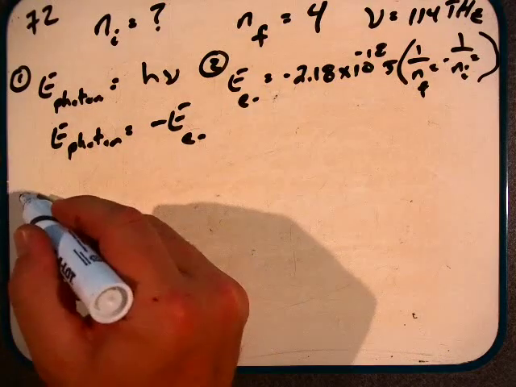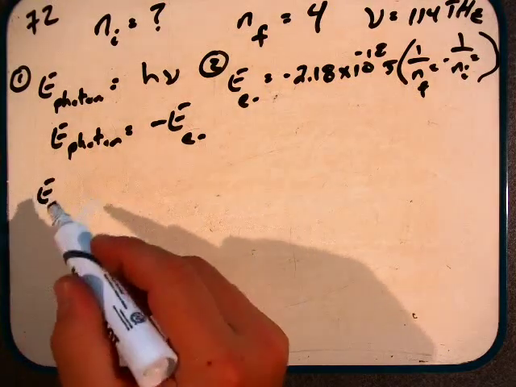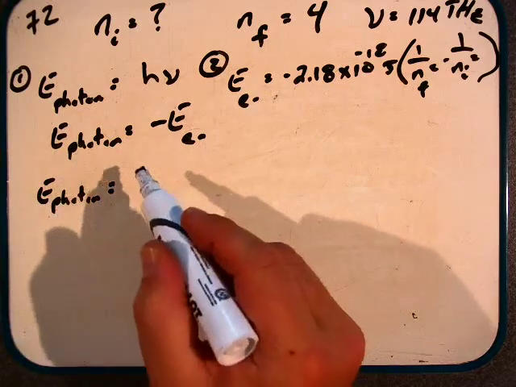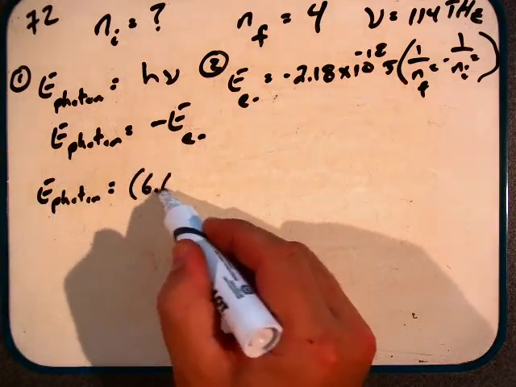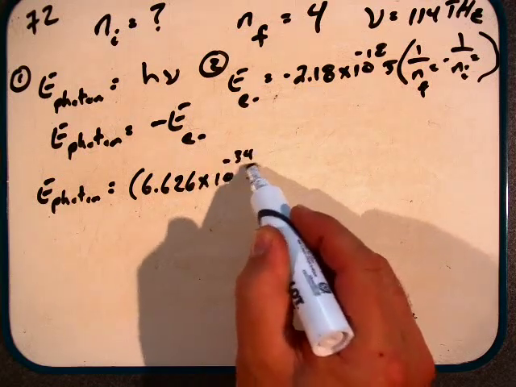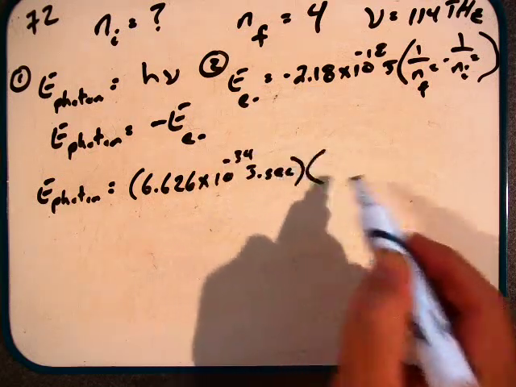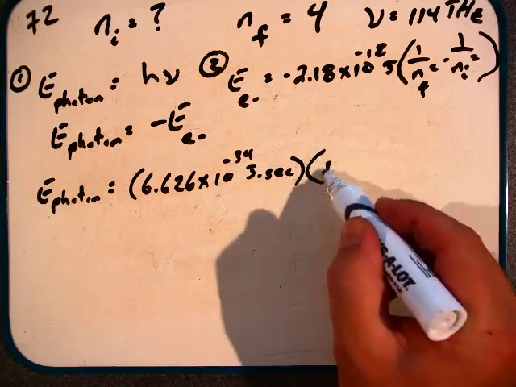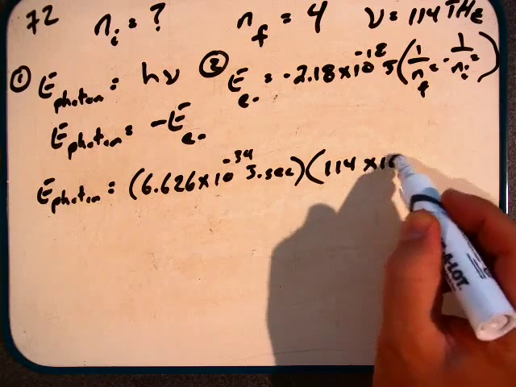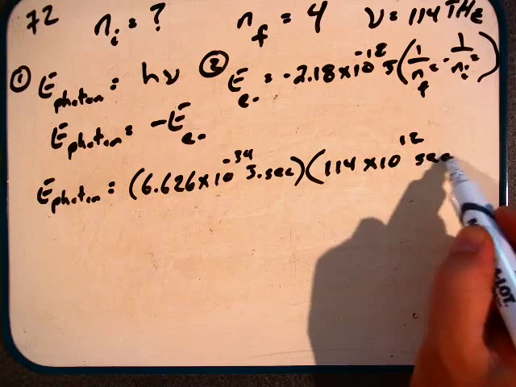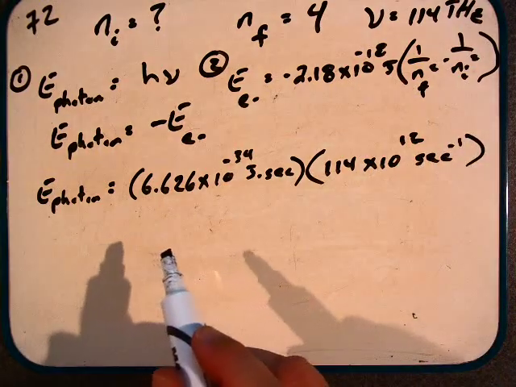To begin, we'll start with our energy of the photon. That energy of the photon would be equal to Planck's constant times the frequency, which would be 114 times 10 to the 12th reciprocal seconds.